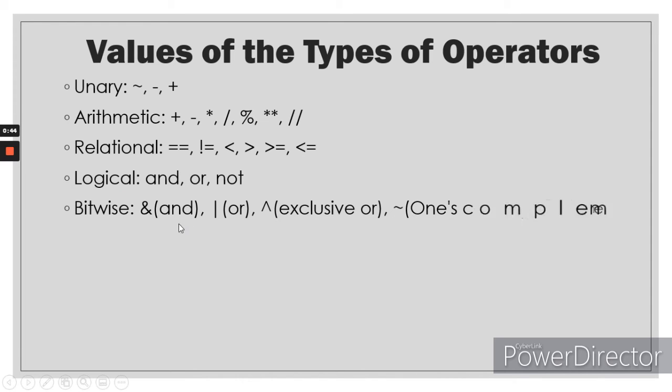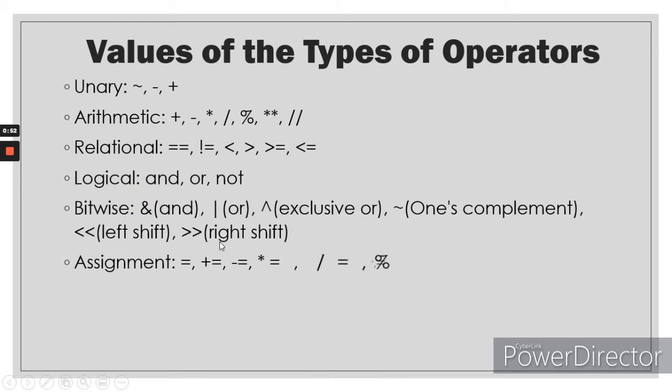Bitwise: and, or, exclusive or, one's complement, left shift and right shift. These are the signs, but these are words to tell you how to say them. Assignment: equal to, plus equal, minus equal, times equal, divide equal, modulus equal, exponent equal, double slash equal.